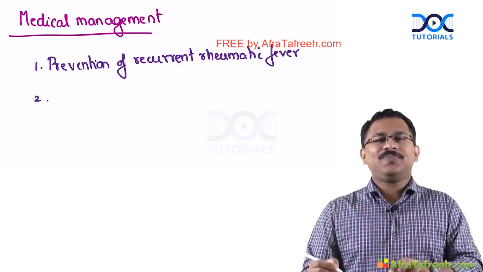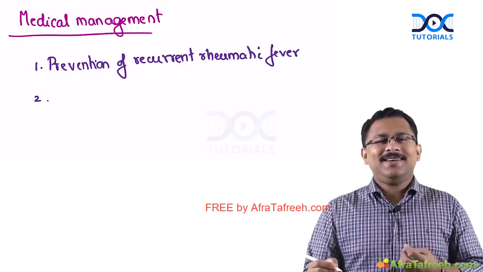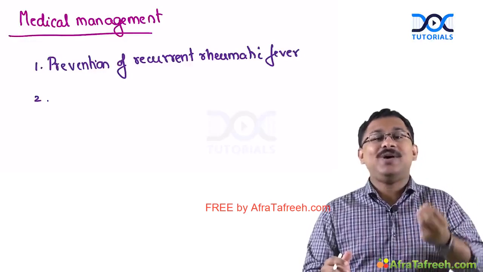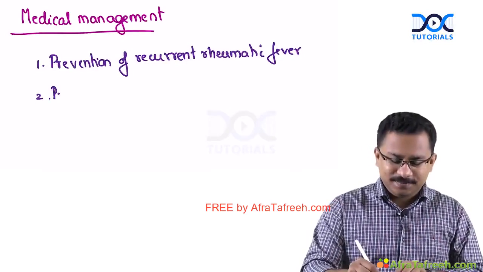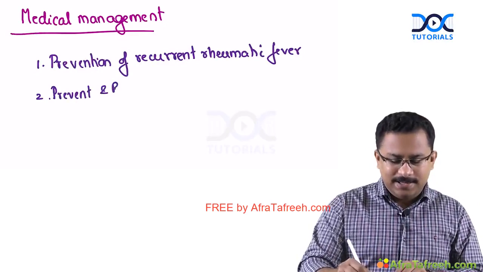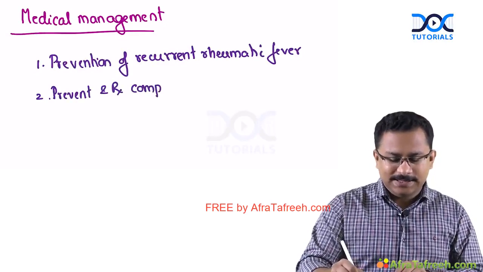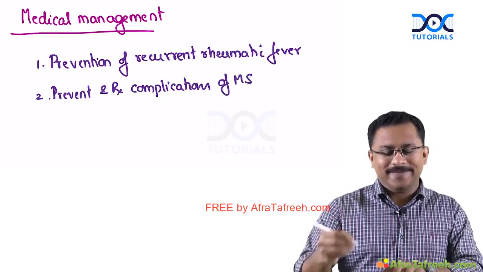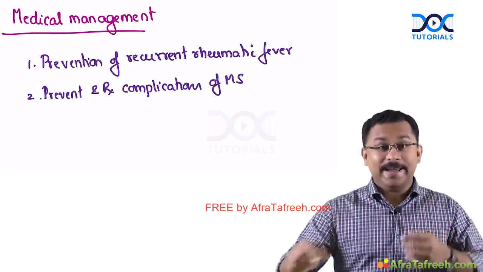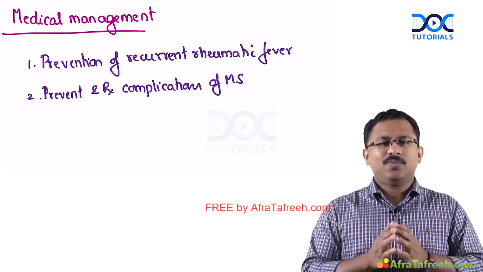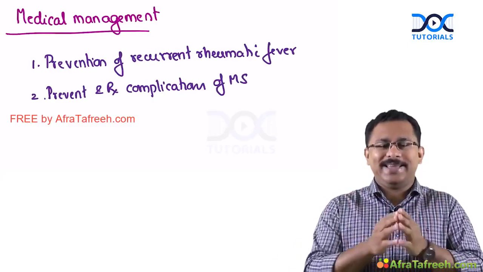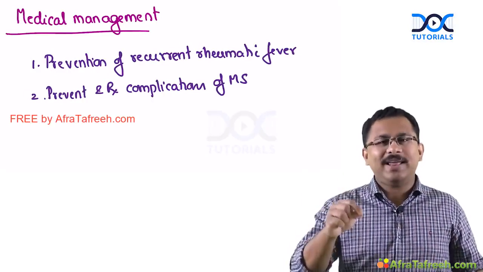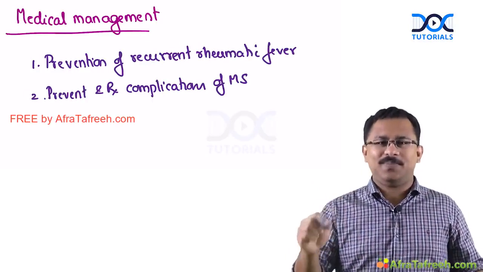And number two, it is to prevent the complications from developing, and if the complications do develop, you have got to treat them. So prevent and treat complications of MS, because MS can go on to develop complications like embolic events. When you are putting the patient on medical management, you are also monitoring the disease progression, so that if an intervention is required, you can do it at the optimal time.